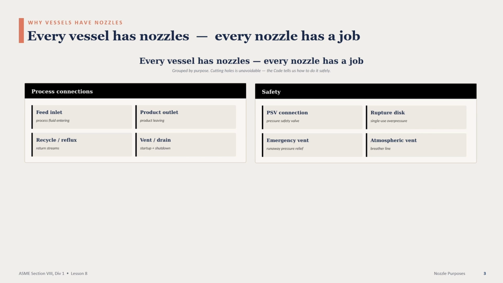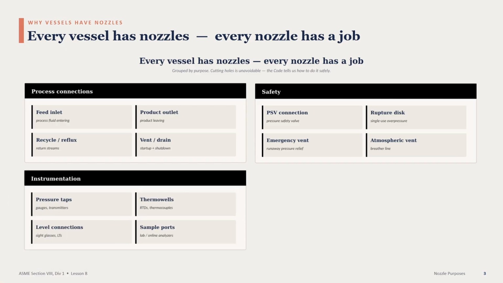Second, safety. Pressure safety valve connections. Rupture disc, emergency vents for runaway pressure, atmospheric breather vents. These nozzles exist to keep the vessel from becoming a hazard when something goes wrong. Third, instrumentation.